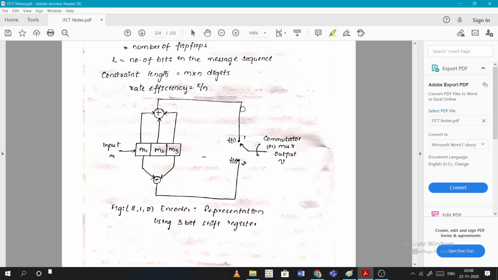N is the number of modulo-2 adders, that is 2. The number of inputs given is 1, basically 1 at a time, and again 2 because there are the number of flip flops.